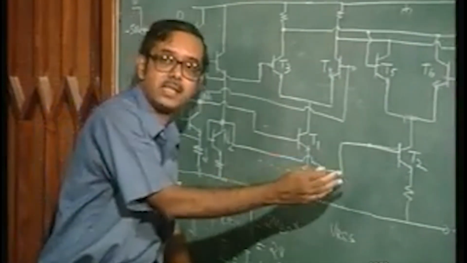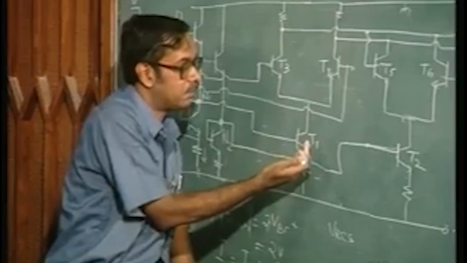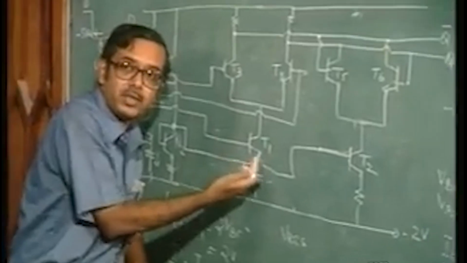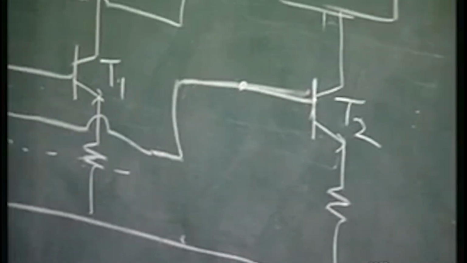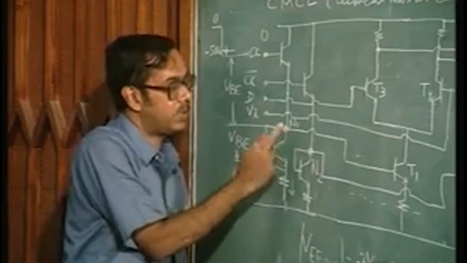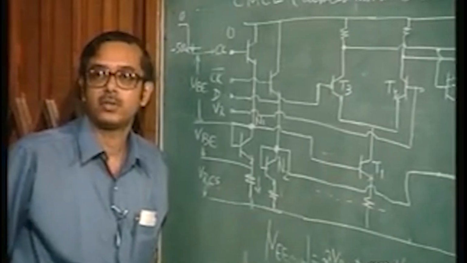So, we can safely say that current is actually flowing in only one of them and the other current is almost 0. That is basically depending on which node, N1 or N2, is high, one of the branches is going to control the current.